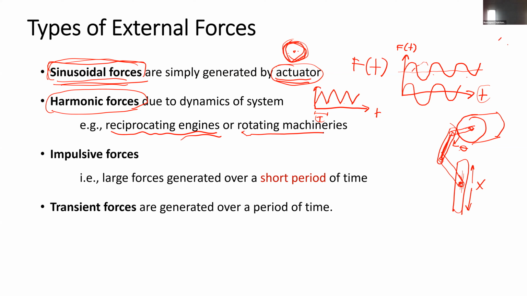If you have experience with washing clothes with a washing machine, your washing machine has a drum, and inside the drum you put your clothes. When the washing machine rotates, although it rotates with constant angular velocity, if your clothes in the machine create unbalanced mass, it can create a harmonic force.